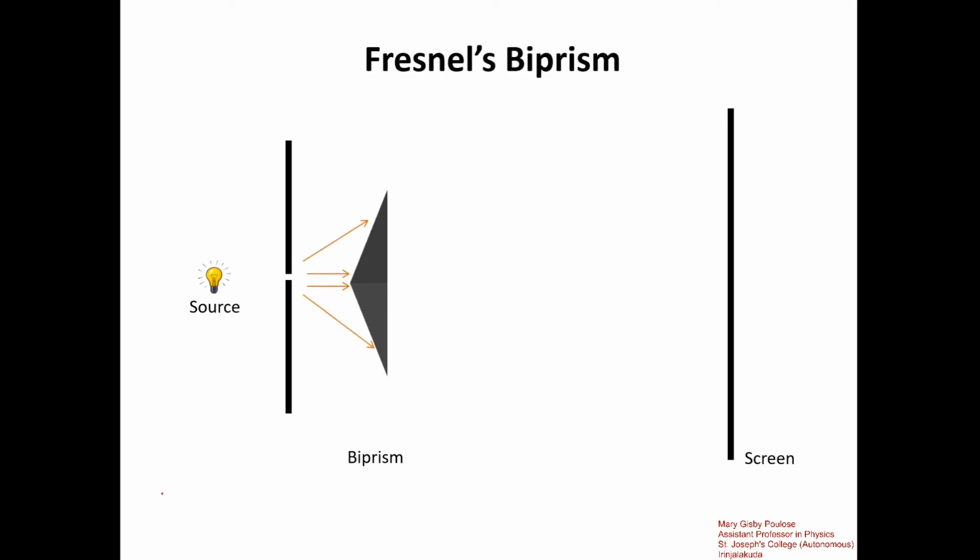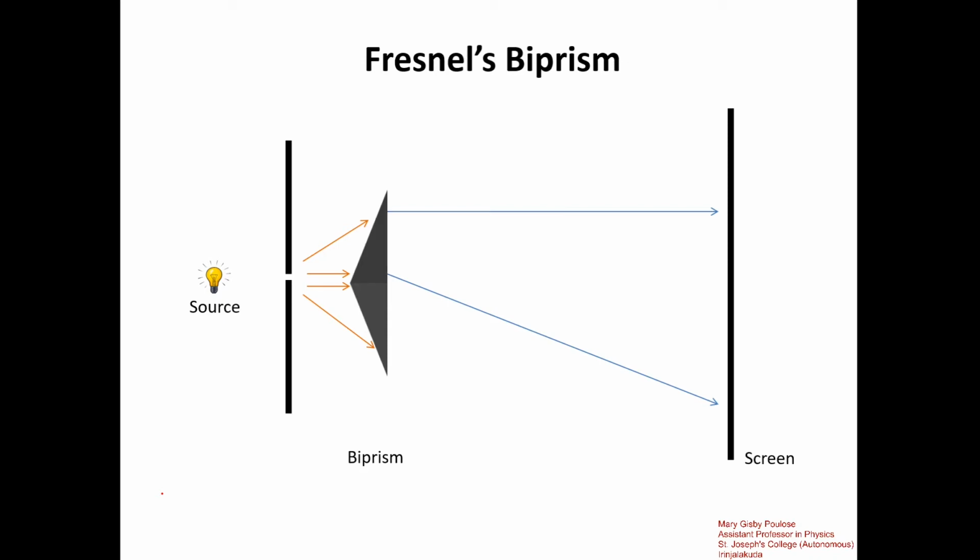Now, when light passes through the slit and falls on the biprism, light falls on two sets of refracting surfaces, right? Light falls on the upper refracting surface and on the lower refracting surface. Light from the upper refracting surface refracts in this manner, represented by the blue rays.